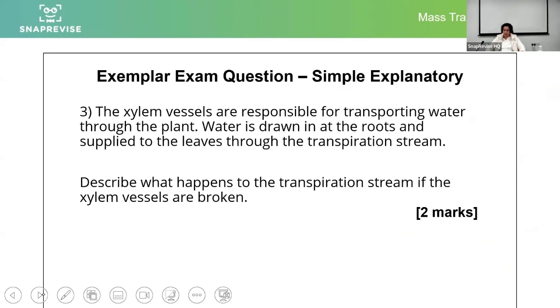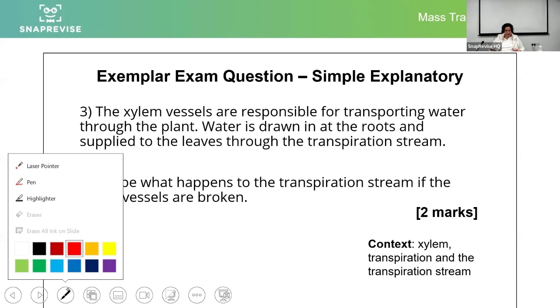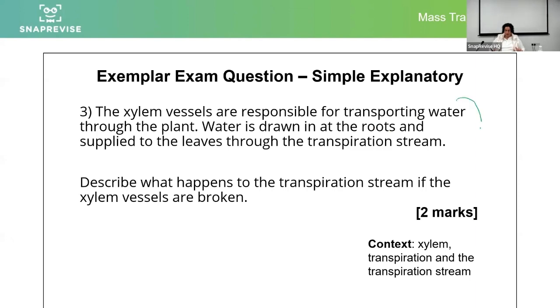Let's have a look at an example question. So the xylem vessels are responsible for transporting water throughout the plant. Water is drawn at the roots and supplied to the leaves through the transpiration stream. Describe what happens to the transpiration stream if the xylem vessels are broken. So again, you're going to have a go at this, but first, context: the xylem and the transpiration stream.